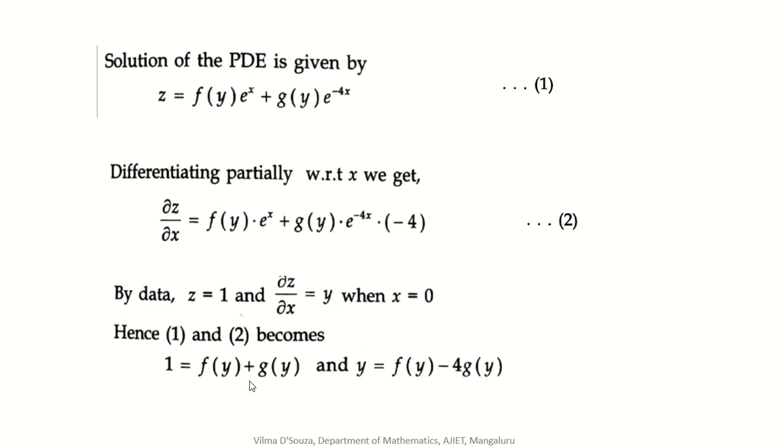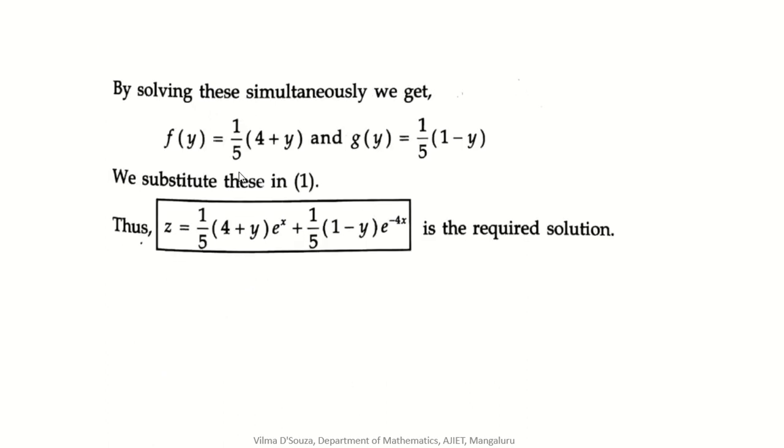So if you multiply this by 4, this becomes 4g(y) plus 4f(y) is equal to 4. Then you can add the equations. So you will get 5f(y) is equal to 4 plus y, or f(y) is equal to 1 by 5 into 4 plus y.